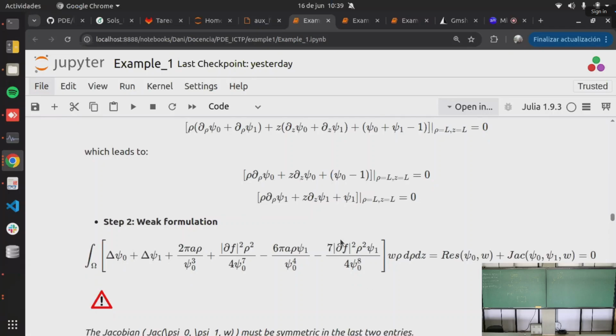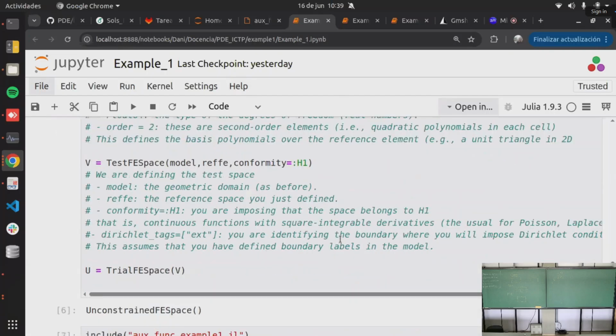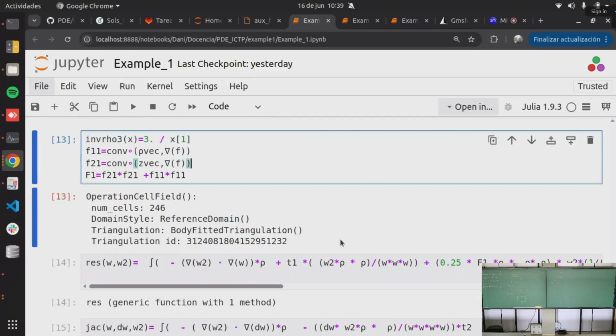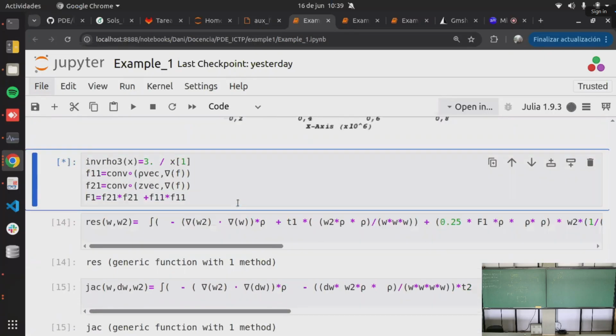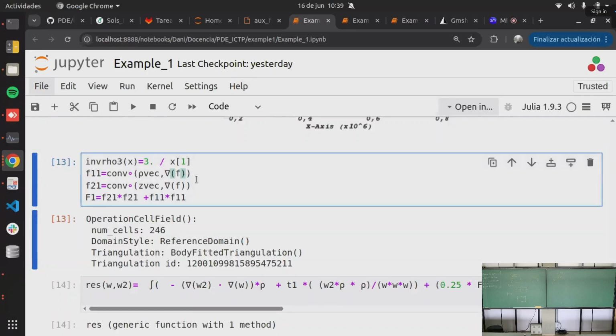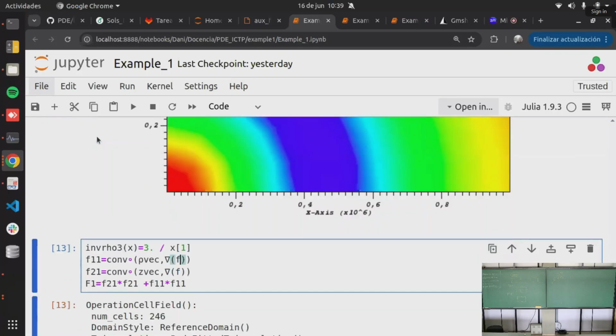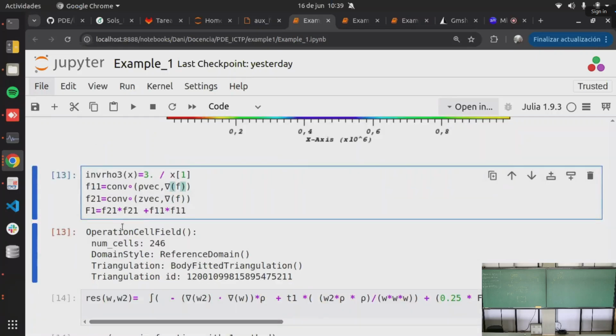So we have to perform the gradient of f to include it in the equation for C. So we do it this way. Remember that C is the solution that we got before. So this is a cell field operation that is in the triangulation.